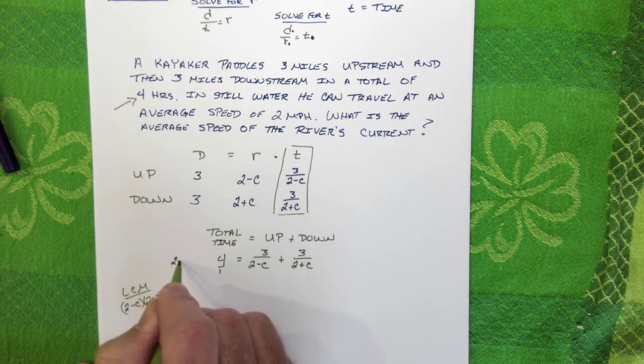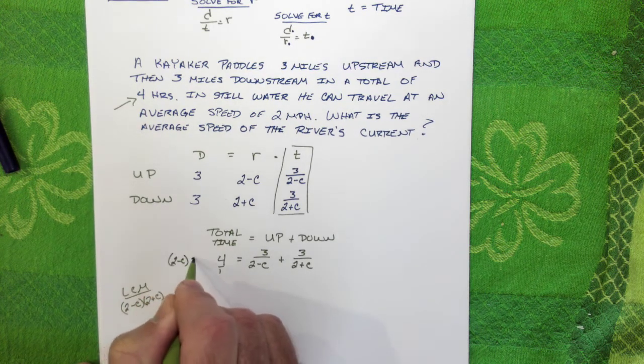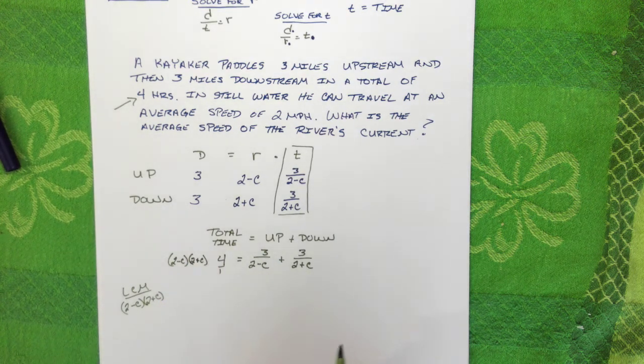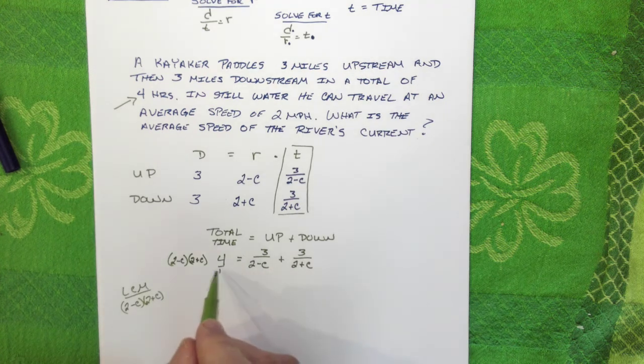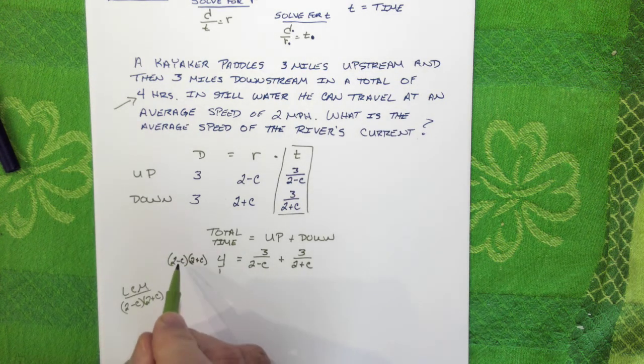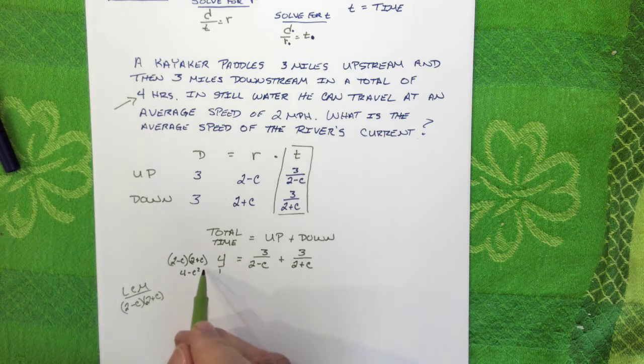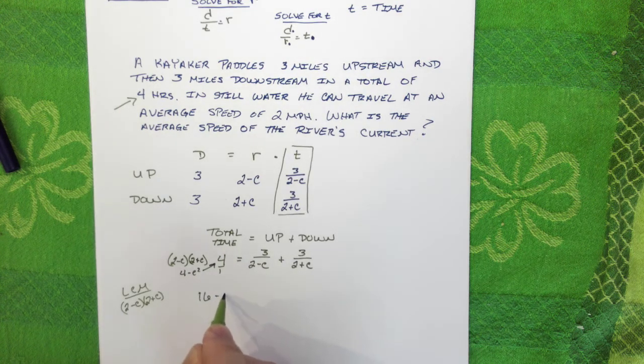So, the 2 minus C and 2 plus C gets multiplied by everything. I'm not writing them all out like I did in some of the other ones. So what happens here? Nothing cancels. But you have a sum times a difference. 4 minus C squared. All has to be distributed to that. So it's going to give us 16 minus 4C squared.